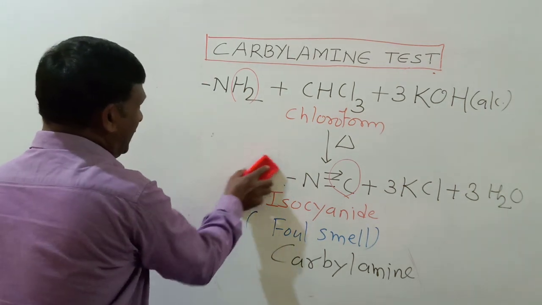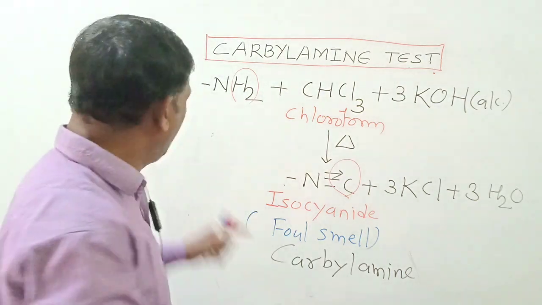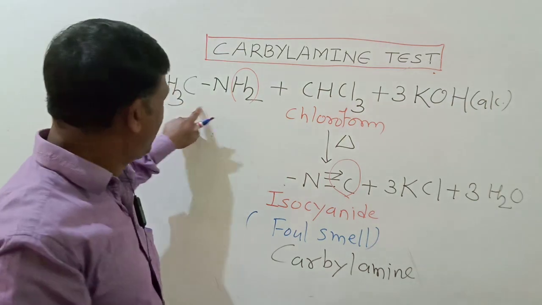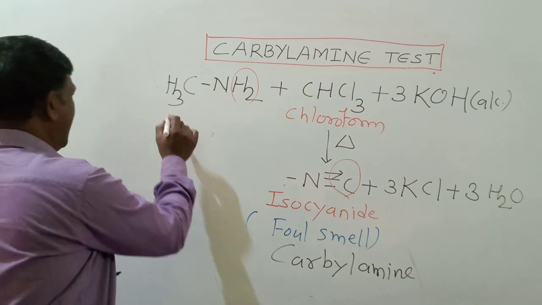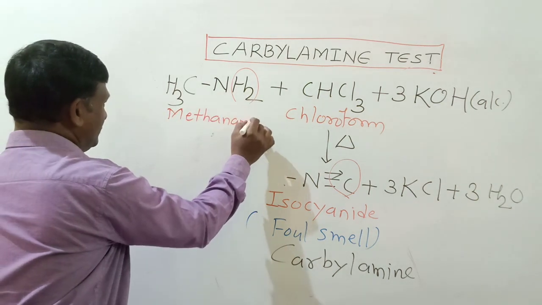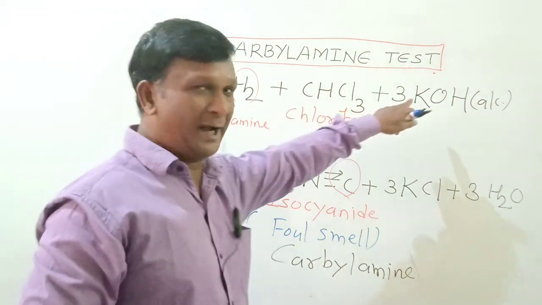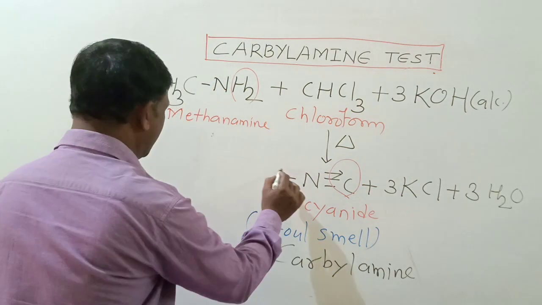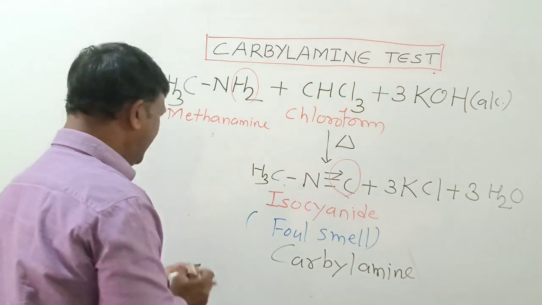Okay, let's look at some examples. Here we just change the alkyl group. First we will start with CH3. When CH3 is attached with NH2, it is called methanamine. So by the reaction of methanamine with chloroform and 3 moles of potassium hydroxide, we will obtain here the product methyl isocyanide.